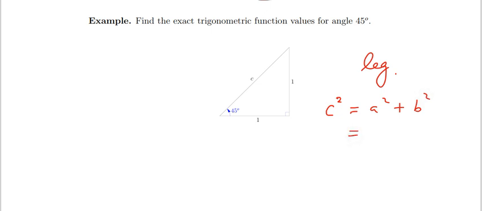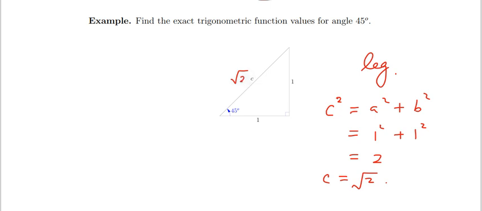What is a? a is 1. What is b? b is 1. So 1 squared is 1, so c square equals 2. So c equals radical 2. This is 1, 1, then radical 2.